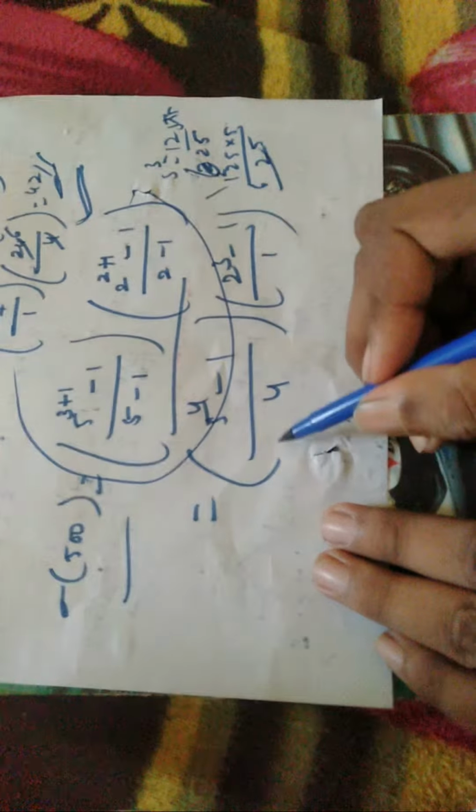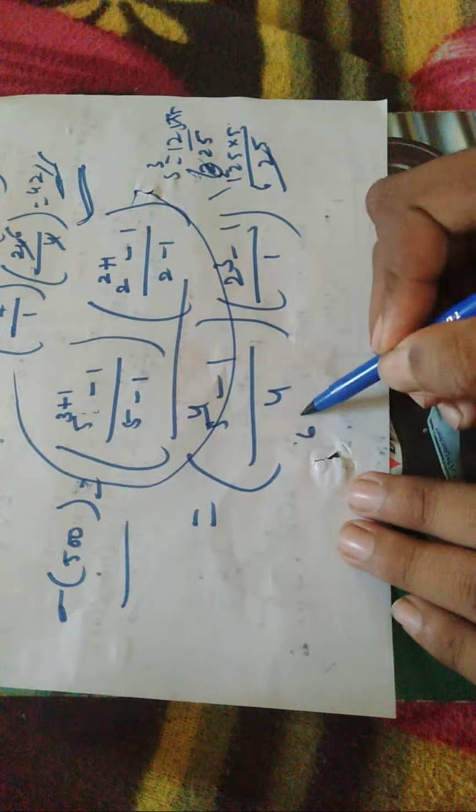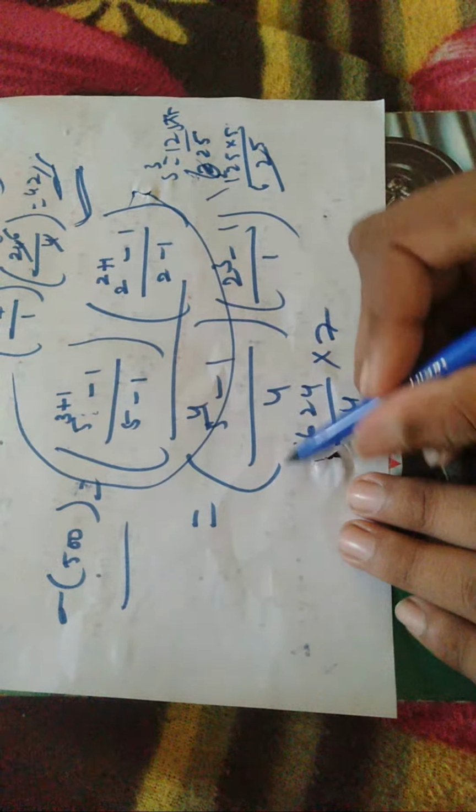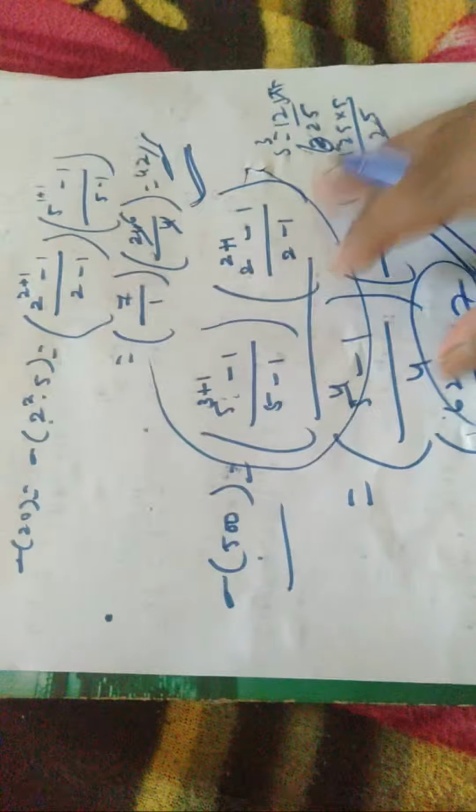Yes sir? 625 minus 1 is 624 by 4. 8 minus 1 is 7. We can solve this and get the required answer.